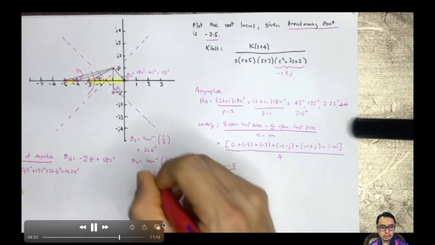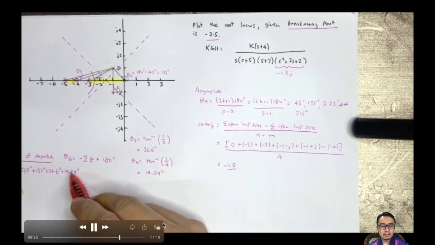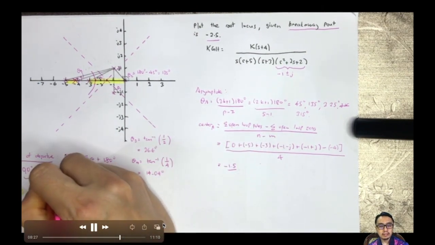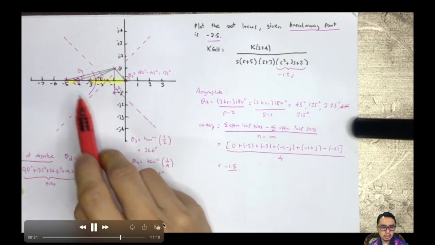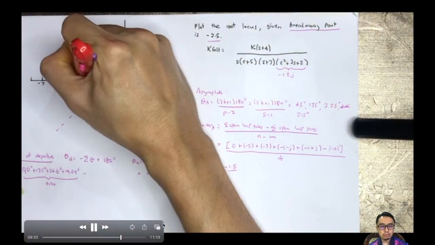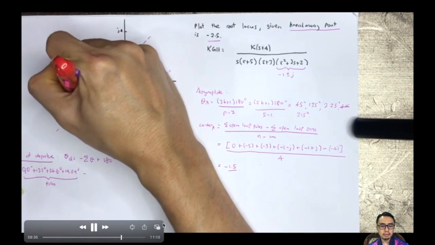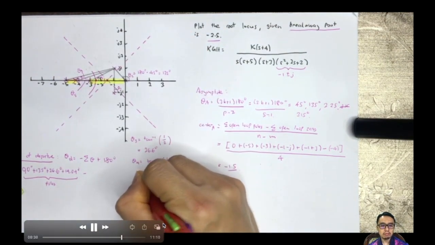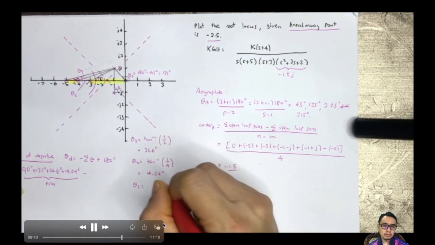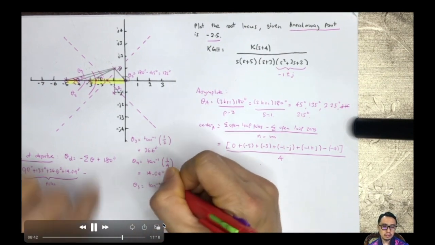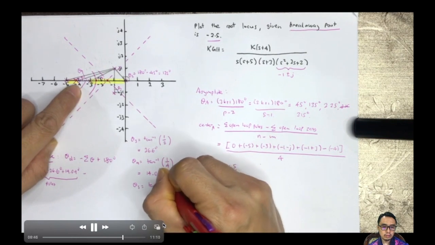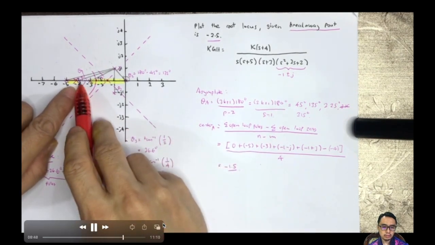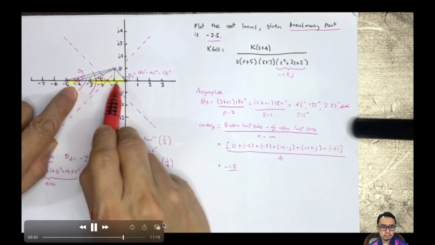And finally, we need to find the angle made by the vector of the zero at minus 4. Okay, that's the pole. So what about the angle made by the vector of that particular zero? Again, we use the inverse tangent. That's the easiest way. That's 1 over 1, 2, 3. Should be 3.